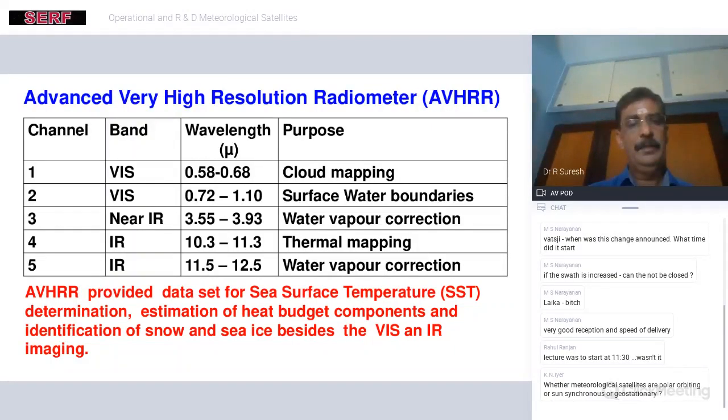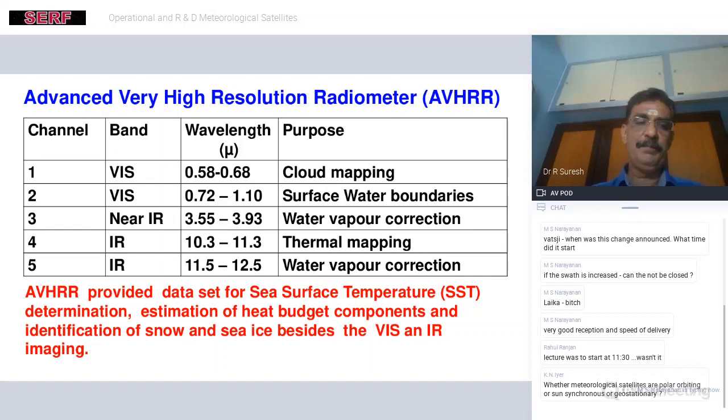The second visible band was used for surface water boundary delineation, and water vapor correction was done in the near-IR band of 3.55 to 3.93 microns. There are also two atmospheric window channels, 10.3 to 11.3 micron and 11.5 to 12.5 micron, which are for thermal mapping as well as water vapor correction.